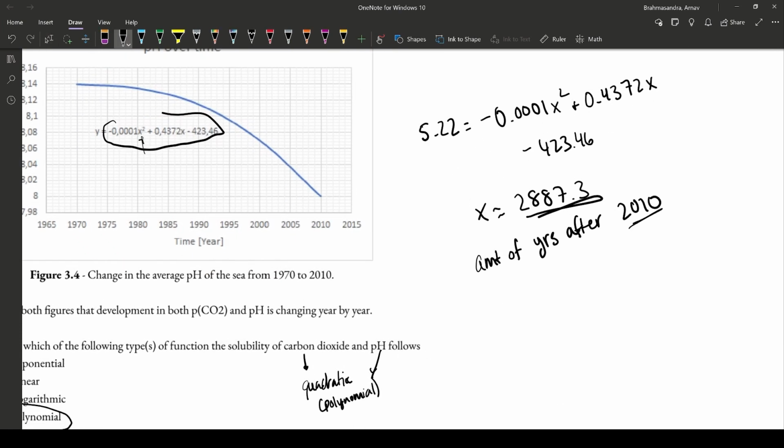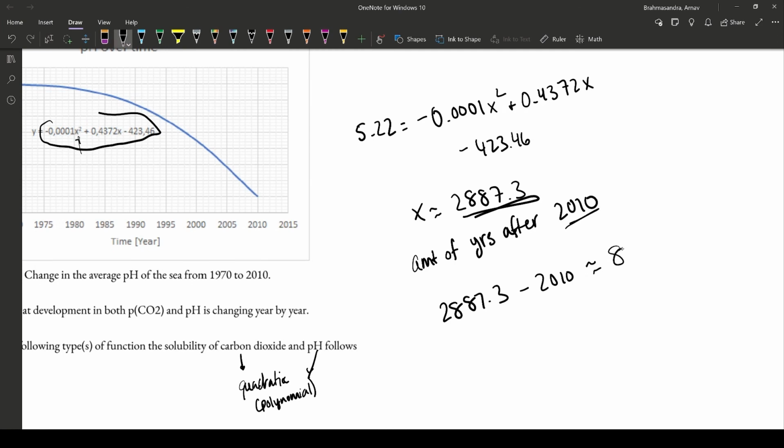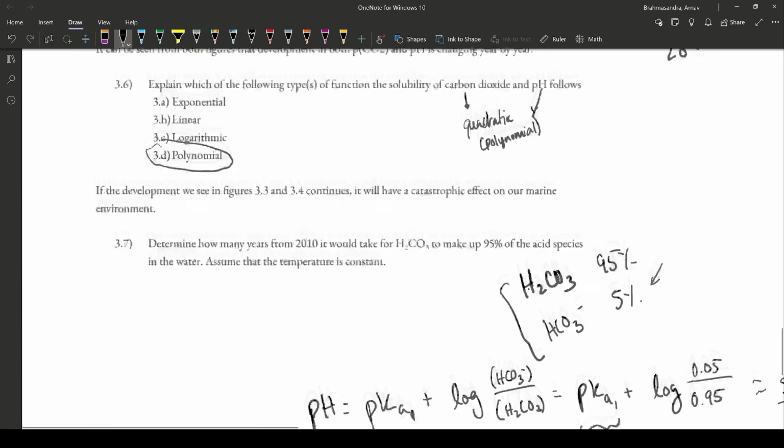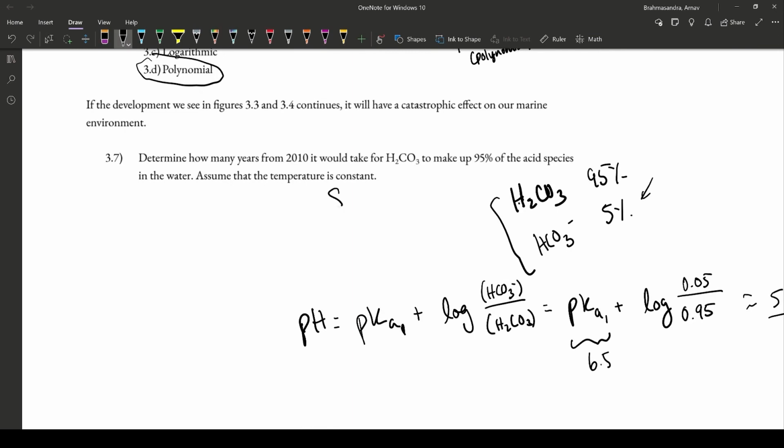If we want the amount of years after 2010, we just subtract 2010. And we should get approximately 877 years from 2010. So that's our final answer for our last question. So 877 years.